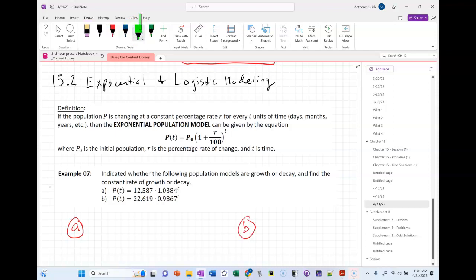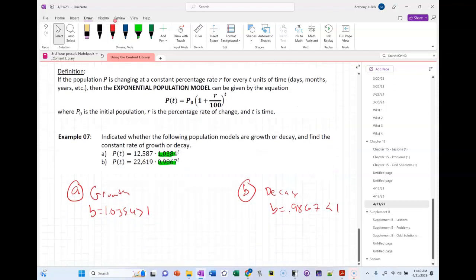Grow, because it's above 1, the B value. Excellent. So we'd say that this is growth. B, which is equal to this, is greater than 1. What is part B? Decay. Great. So that's decay, because the B value, which is 0.98, is less than 1. Great.